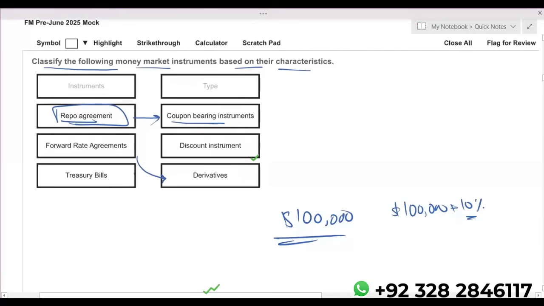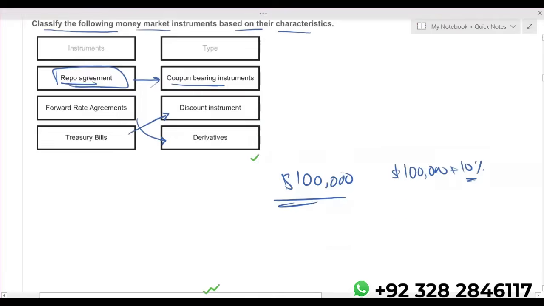We are left with treasury bills, government bonds, discount instruments. Normally treasury bills you will get at a price even lower than the face value. So repo agreement goes with coupon bearing instrument. Forward rate agreement, definitely derivatives. You should not be making a mistake in that. So treasury bill, discount instrument.